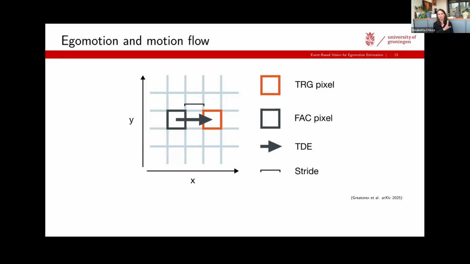So an object that moves in the visual field of an event-based camera is going to generate, in this example, a spike in the black pixel, then a spike in the gray pixel, and then a spike in the orange pixel. Now, if you connect the TDE with the facilitatory and trigger input to these two pixels, you have a measure of motion flow, because if motion flow is very fast, you're going to have a lot of spikes coming out of the TDE connected to these two pixels, because the time of flight between the two pixels will be very short.